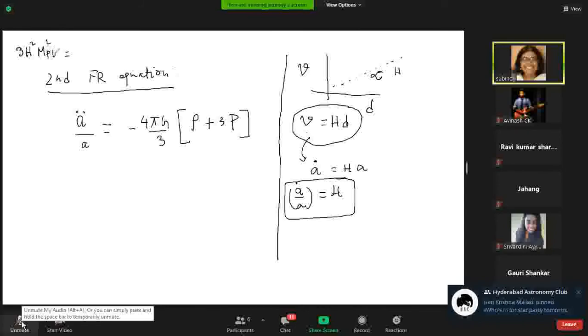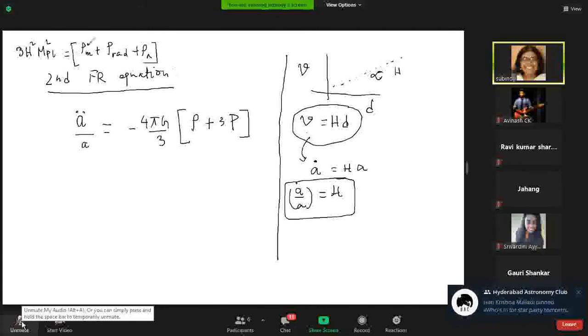M Planck has all this 8 pi G by 3 coming here, and it becomes rho matter plus rho radiation plus rho lambda. This is a better way to write.